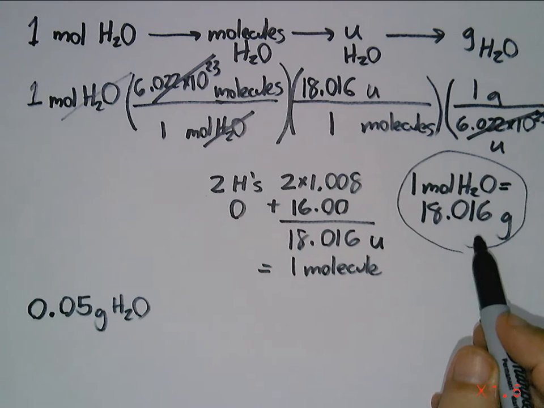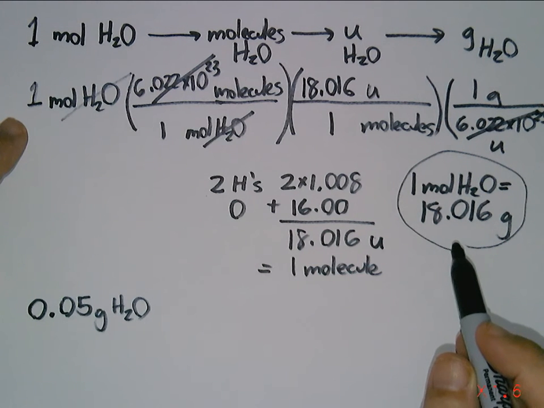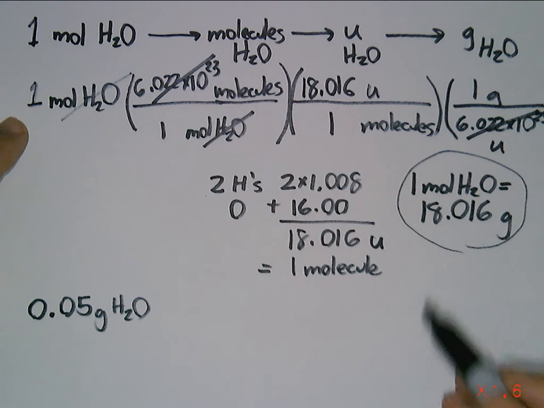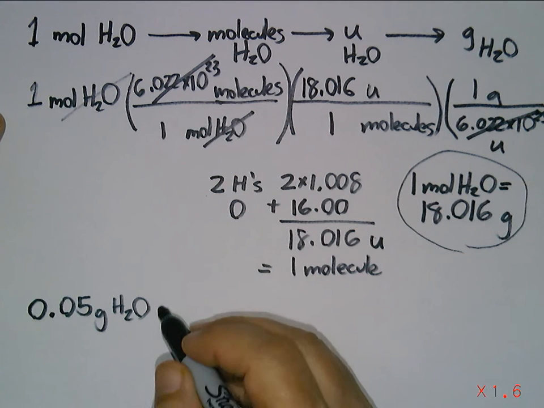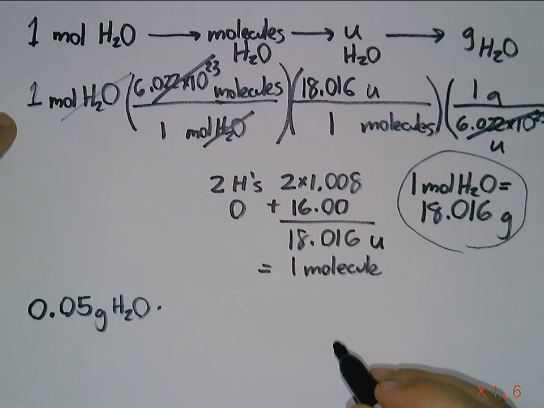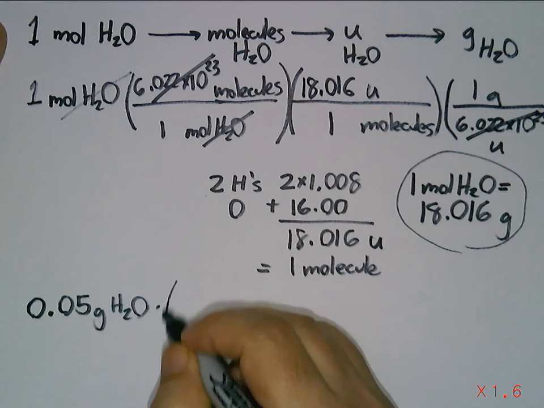Now I can figure out how many moles of water I've got from this and then convert moles into molecules. So I can use moles this time, and I don't have to bring atomic mass units into the calculation at all. So we already did this calculation with atomic mass units. Here we're doing it without atomic mass units.